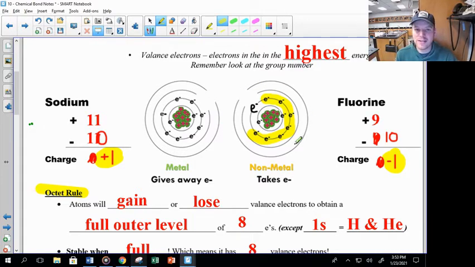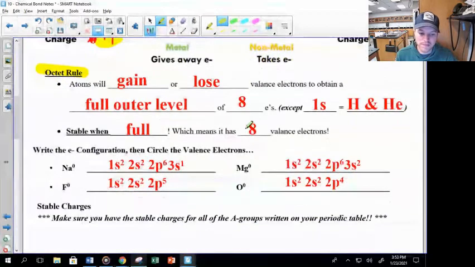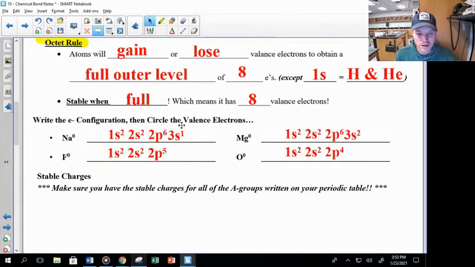And so it's more advantageous to gain than to lose in that situation. Another way to see this with your electron configuration: if you have 1s2, 2s2, 2p6, 3s1, this 1 valence electron right here is actually going to hop into the 2p of fluorine. And so really fluorine will have this configuration as well.